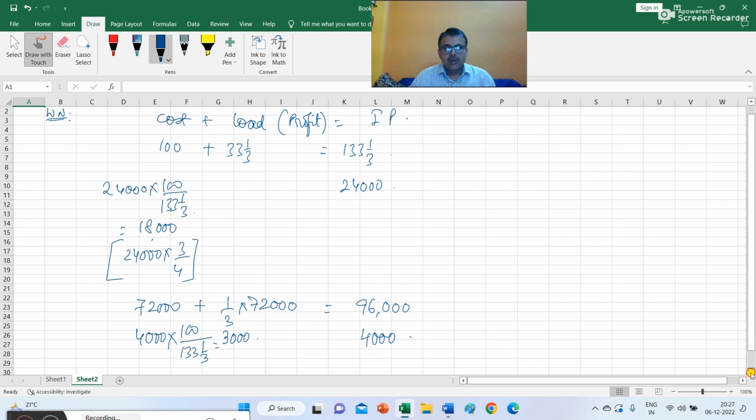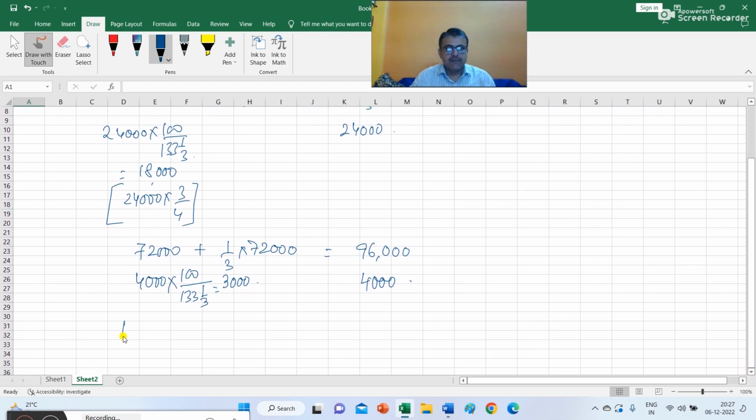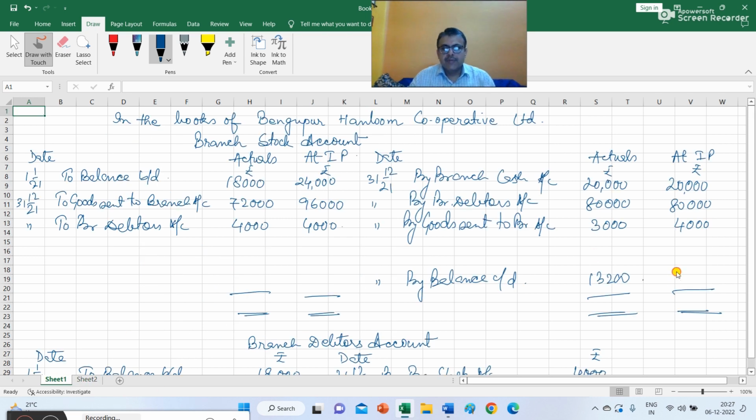So the cost price is given as 13,200 plus 1/3 of 13,200 is equal to 17,600. So your loading is basically 4,400. So 17,600 is the closing stock at branch at invoice price.